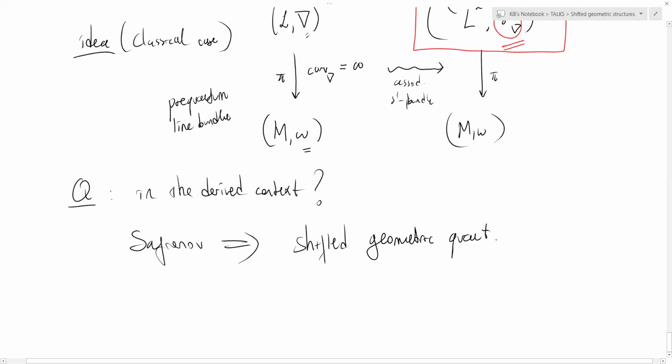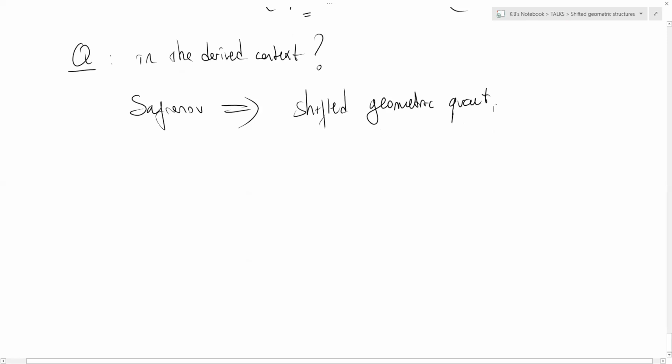It's a very nice and a little bit technical definition. Let me just give you the definition, and you can feel what's going on. I'm sorry, I don't have that much time, so I'm not going to explain the main ingredients, but here is the definition. Let (X, omega) be an n-shifted symplectic derived stack.